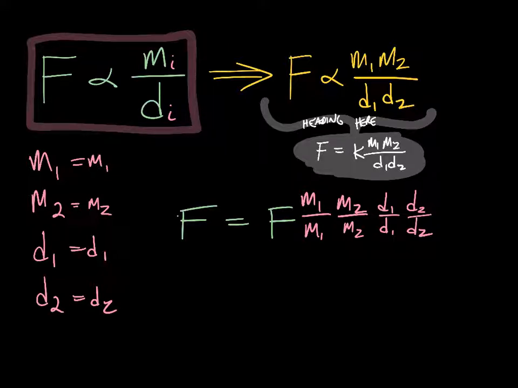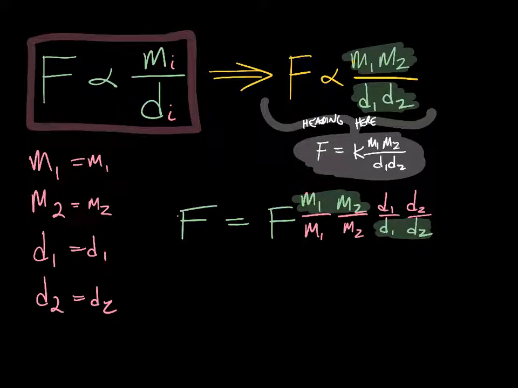So what I need to do now is separate out these interaction variables. Well, M1 and M2 were interaction variables, and D1 and D2 were interaction variables. I need to collect my factors so that I have a collection of factors that represent the interaction variables, the dependencies, because that's what we're trying to model. I want a dependent equation. What are the parameters of gravity, the force of gravity?